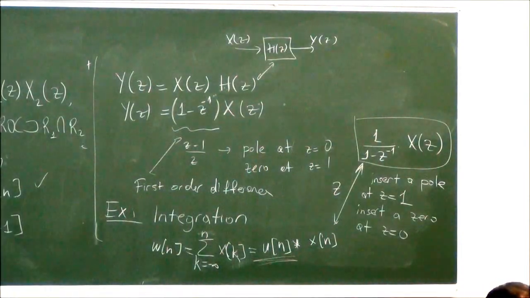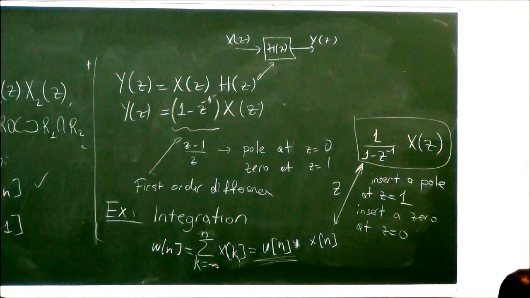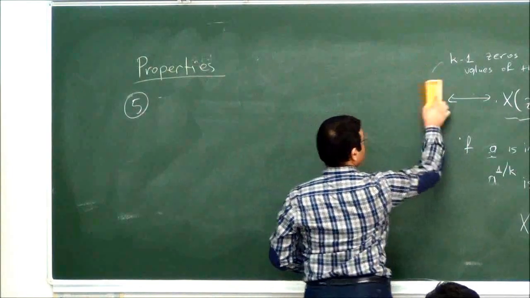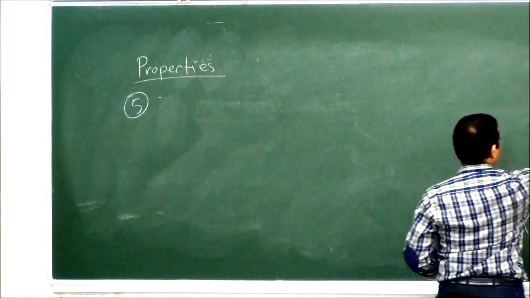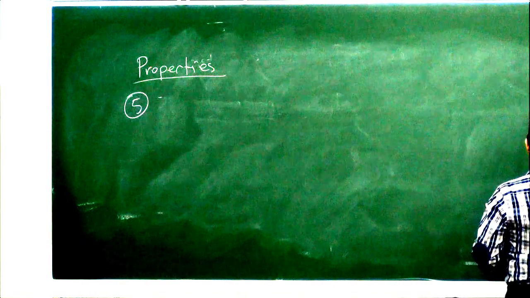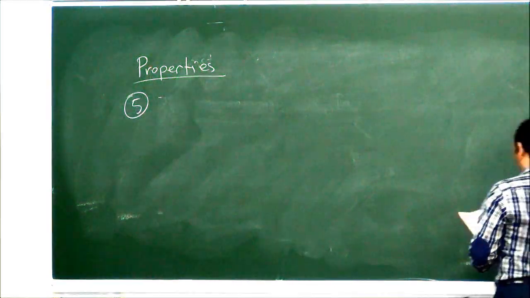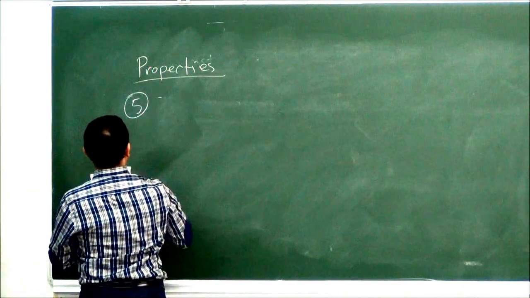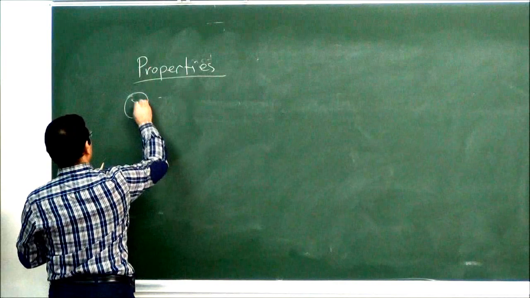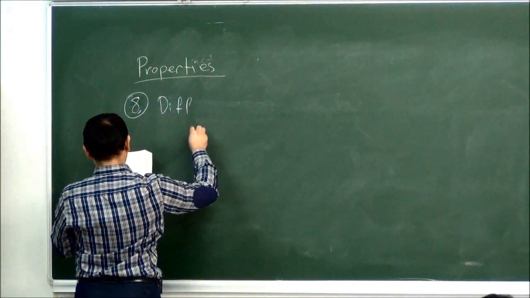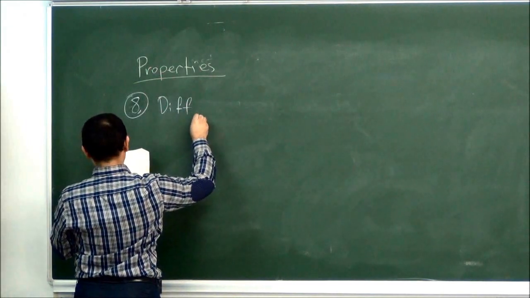So the last property, the eighth property, is differentiation in the z domain.